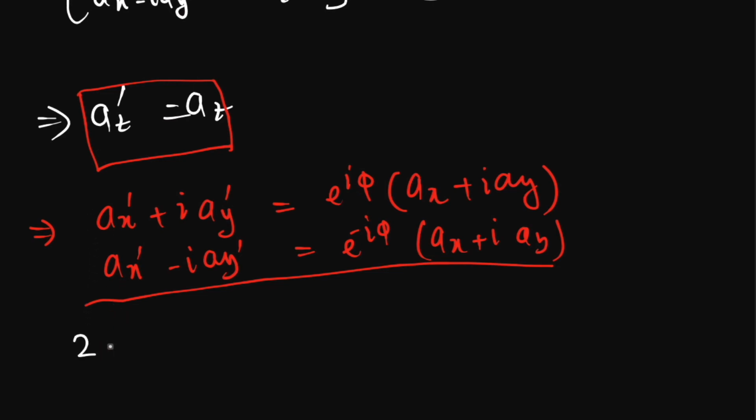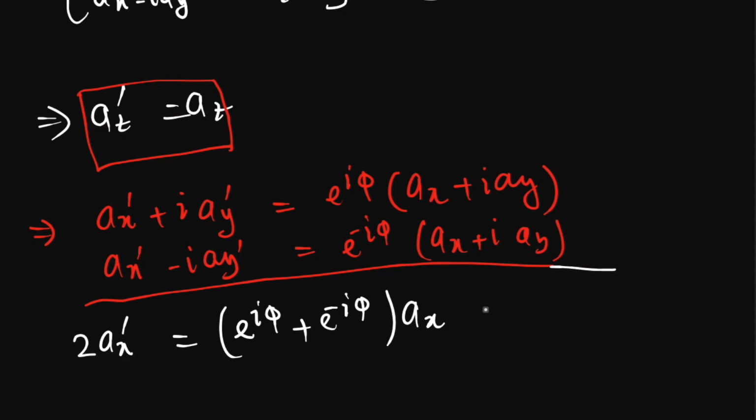If we add these two, we get ax prime equal to e to the power i phi plus e to the power minus i phi into ax, plus, here there is a minus sign, I missed it, there is a minus sign, that means plus i into e to the power i phi minus e to the power minus i phi into ay.